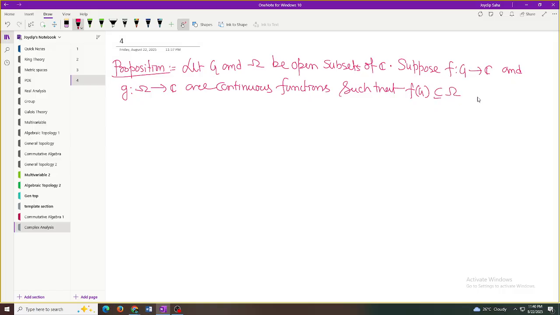g compose f is identity on omega, that is g(f(z)) equals z.